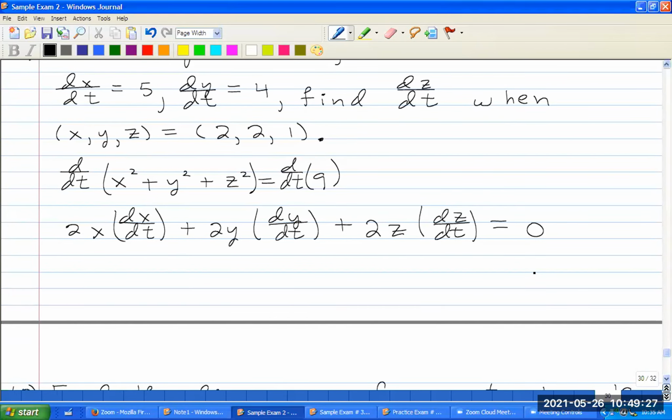And so I can divide everything by 2, and make my life slightly easier, with slightly smaller numbers.